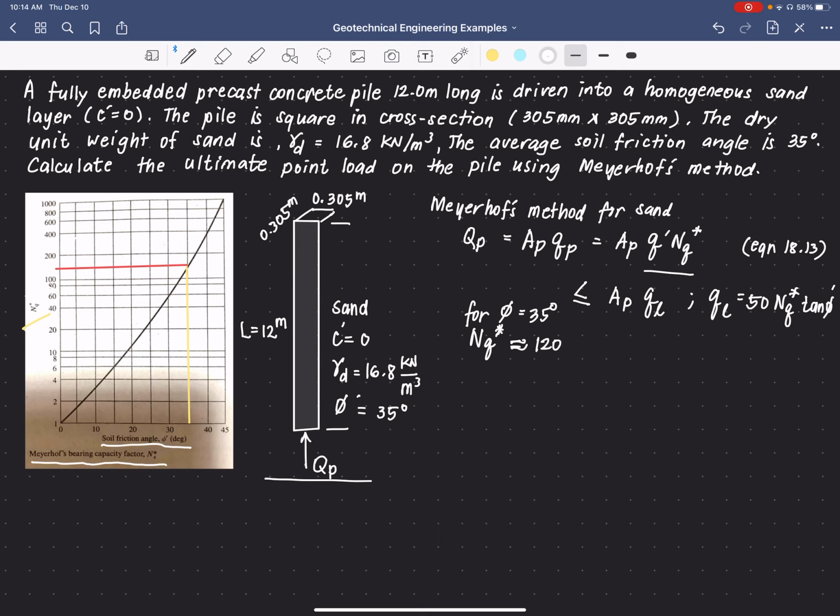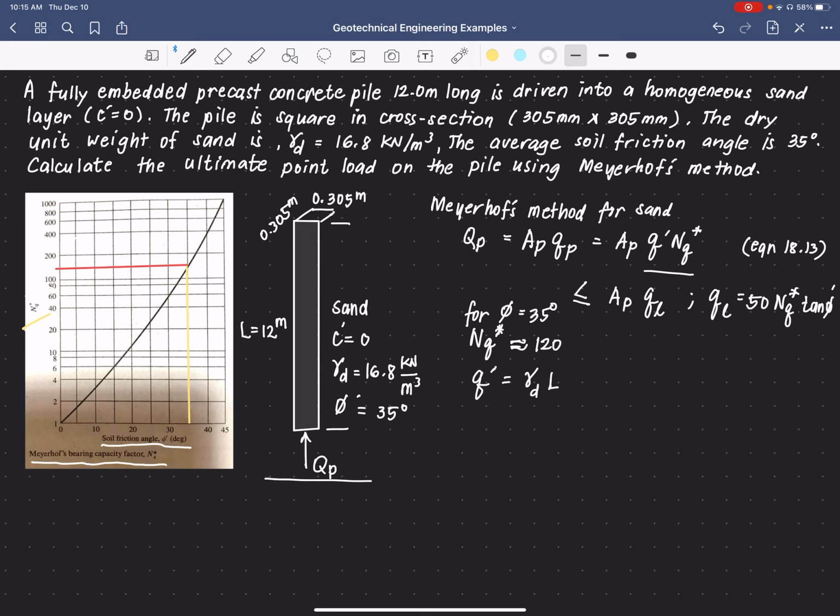Okay, then we have Q prime, the overburden pressure, which is equal to unit weight multiplied by the length.